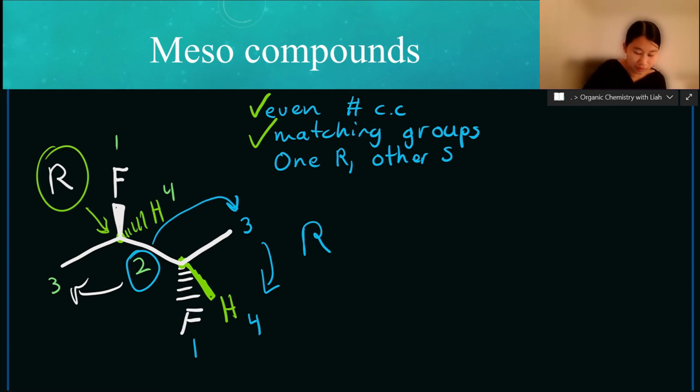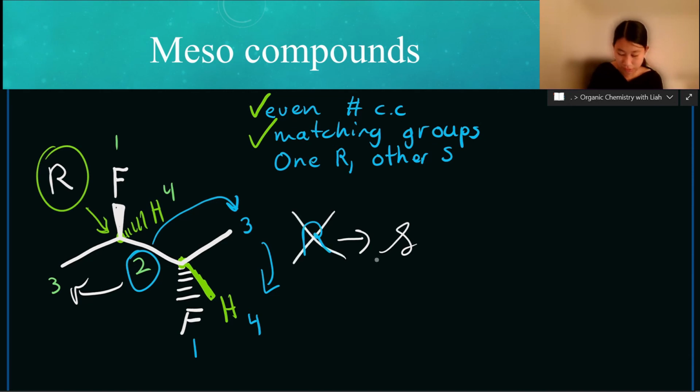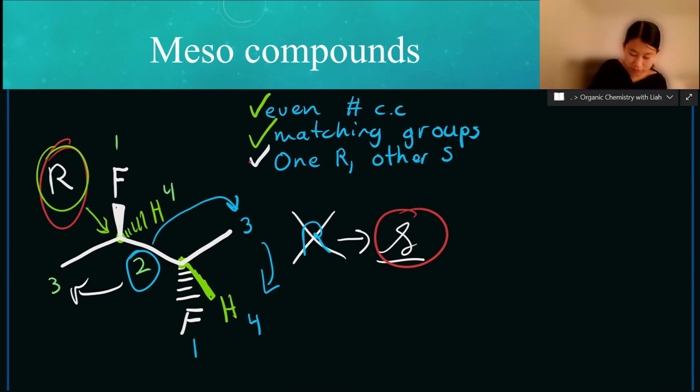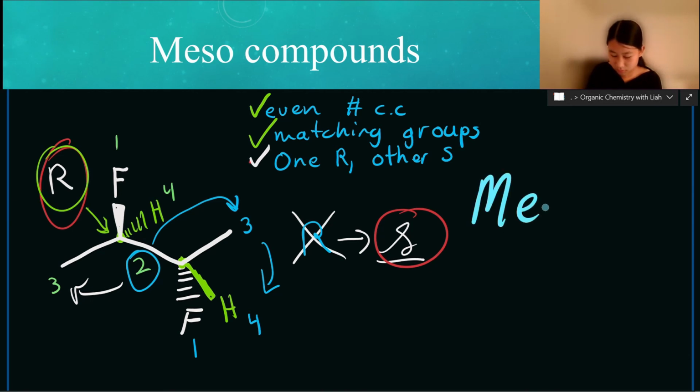Well, that is an odd number, and therefore we need to change R to S. So this chiral center is not R, but S. Now let's check if these are opposing chiral center configurations. One is R, the other is S. Yes, so it does fit this criteria, and therefore this is a meso compound.